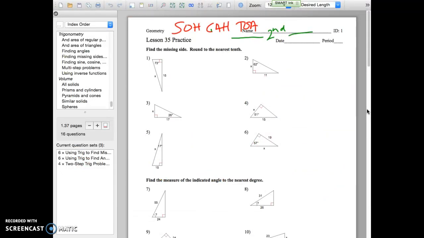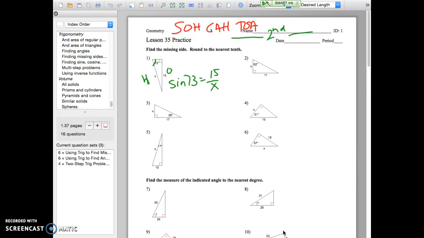For example, number one, you're going to set up a ratio. This is the angle that I have. Now, this side length over here is opposite, and this is hypotenuse. So if I write on the top of my paper SOHCAHTOA, opposite and hypotenuse means it's going to be the sine of 73 equals 15 over x.